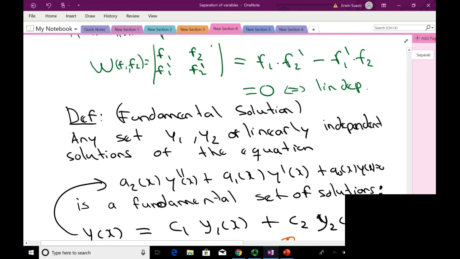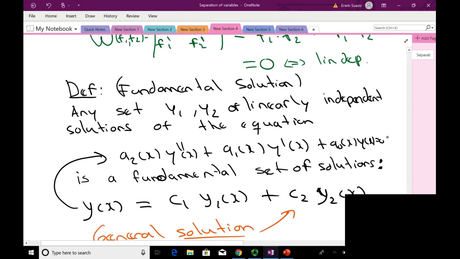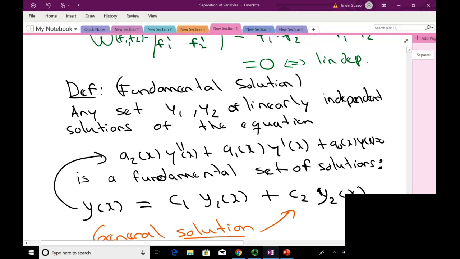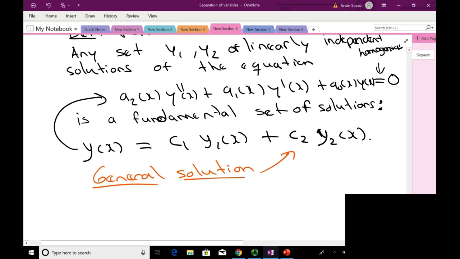It's homogeneous when it's equal to 0. So this must be equal to 0. This is called homogeneous. If it's not equal to 0, then this is different, and this is not going to be true. So that's the way we find general solutions.